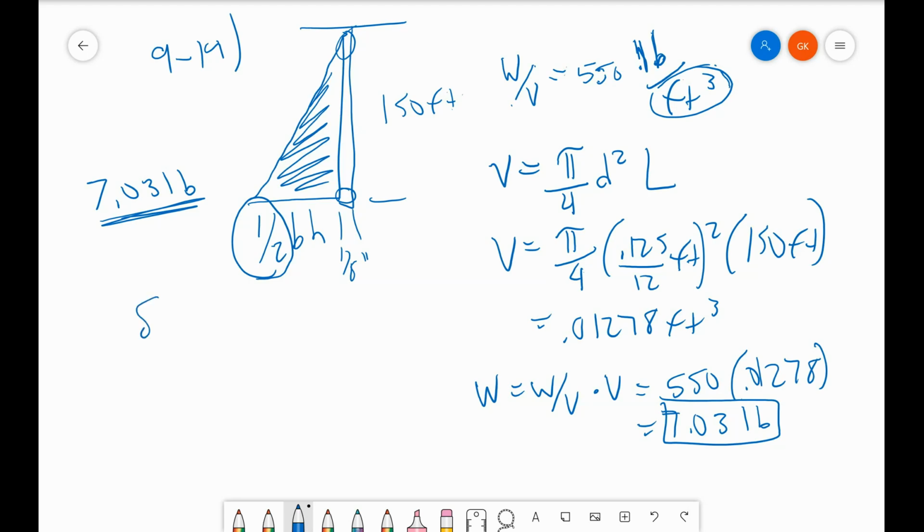Plugging into this equation, I have delta equals P over 2, because only half the load is affecting it, times length over AE.